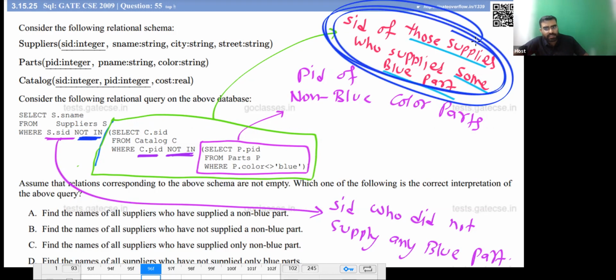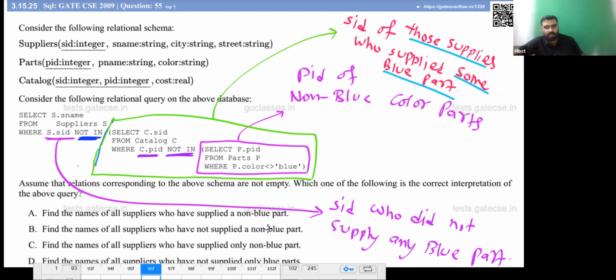I want those SID who did not supply any blue part. Yes or no? They never supplied the blue part. Is this clear to everyone? Those names I want.